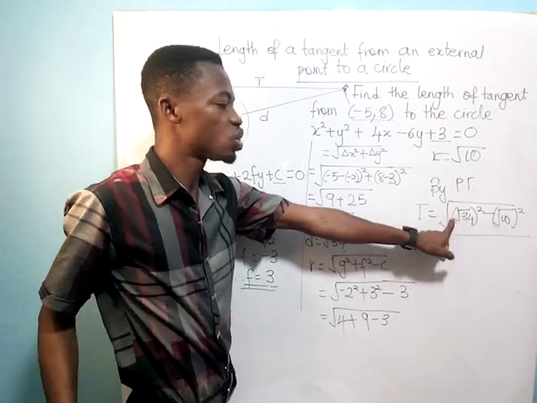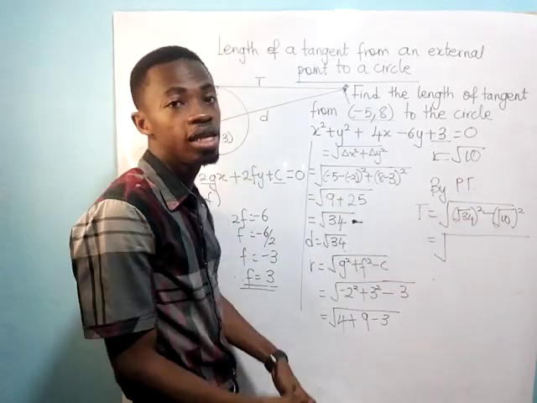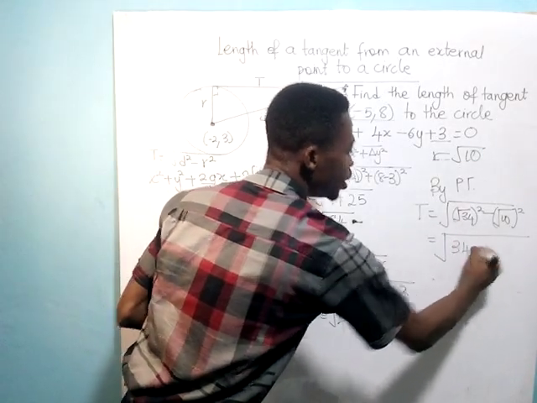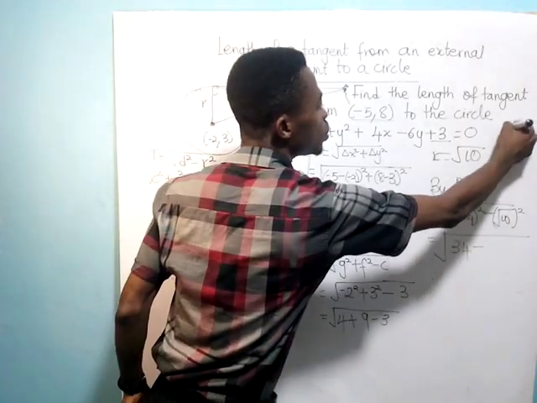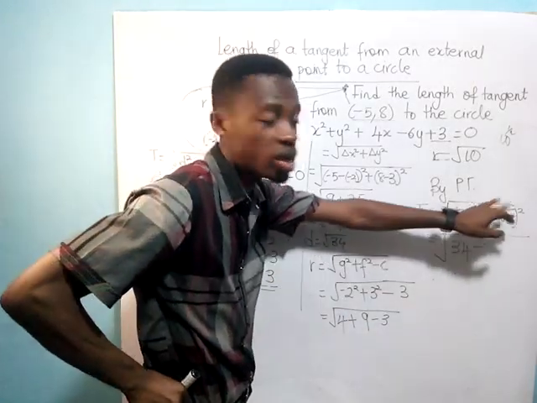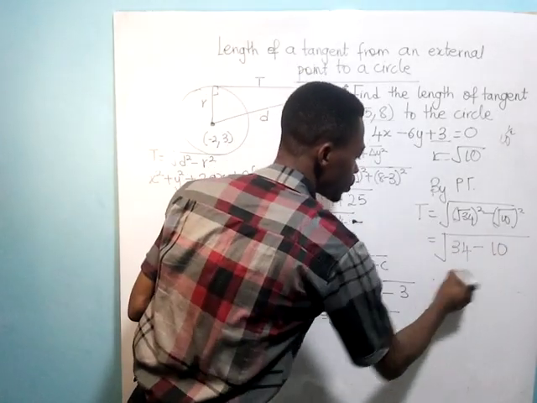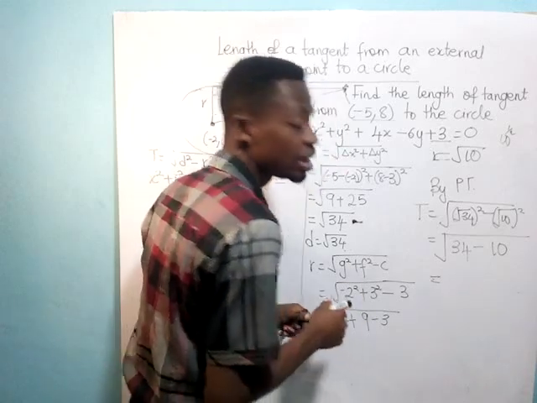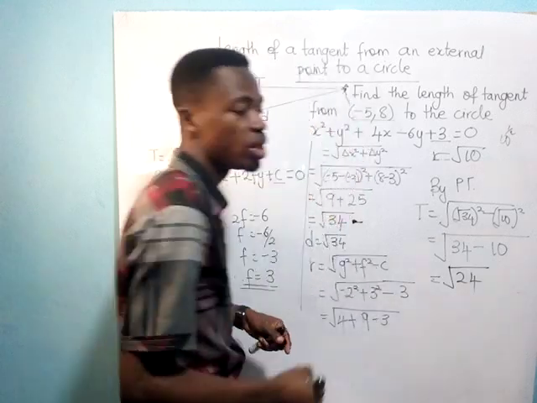Let's see. The square root of 34 is 34 raised to the power 1 over 2. Multiplying the powers will give us 34. Same for the square root of 10, which is 10 raised to the power 1 over 2. And we know that a power raised to another power will multiply, so this will give us 10. Then as we continue, we'll have 34 minus 10, which will give us the square root of 24.